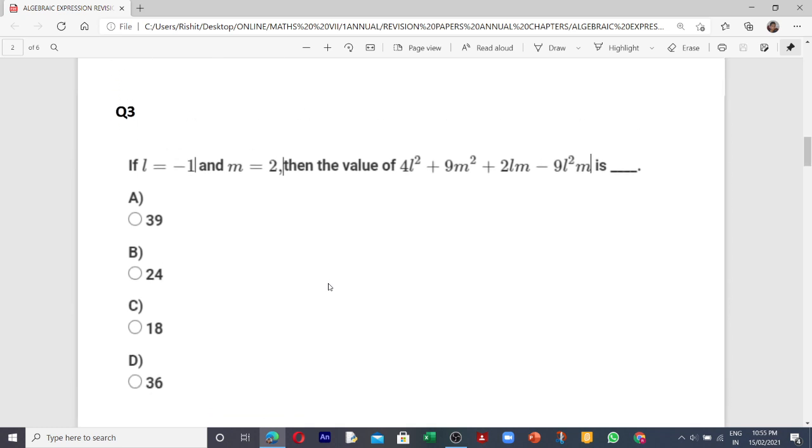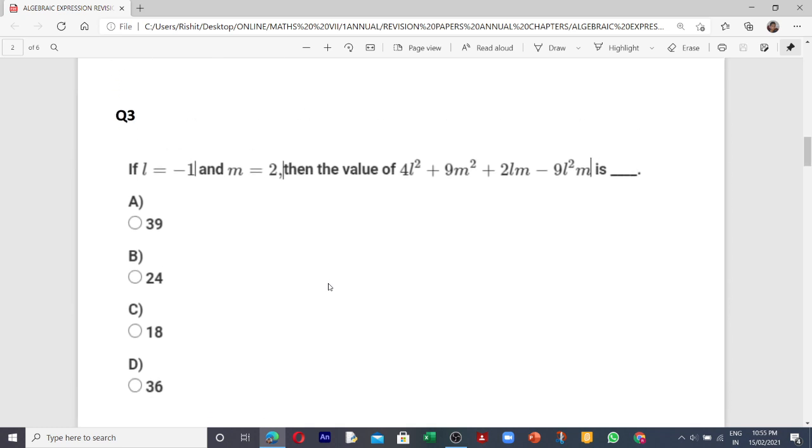Question number 3. If L is equal to minus 1 and M is equal to 2, then the value of 4L square plus 9M square plus 2LM minus 9L square M is. What will be the answer?